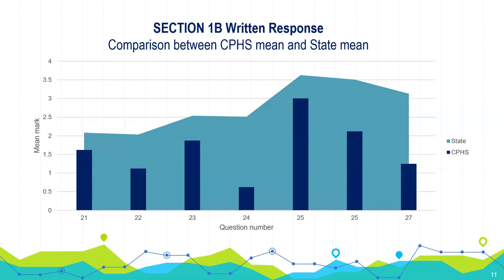The results showed that our students underperformed in all questions in comparison to the state mean. Of the 3 sections of the examination, this is the section where our students performed the worst, at 19.6% below the state mean.